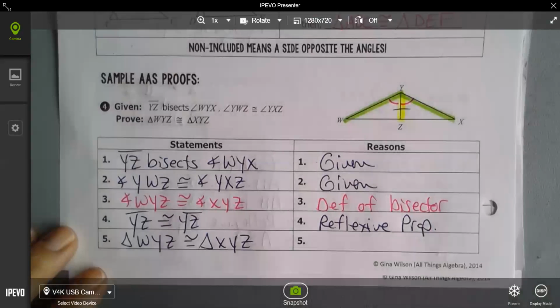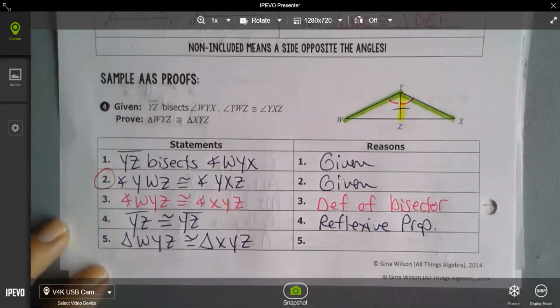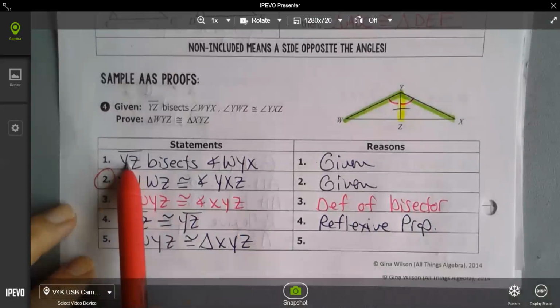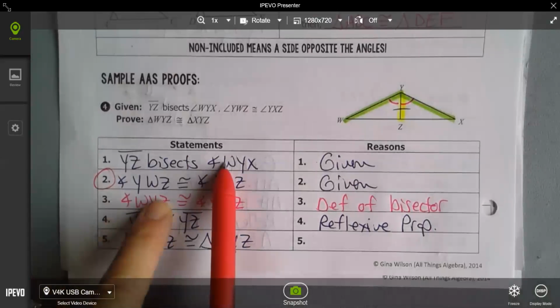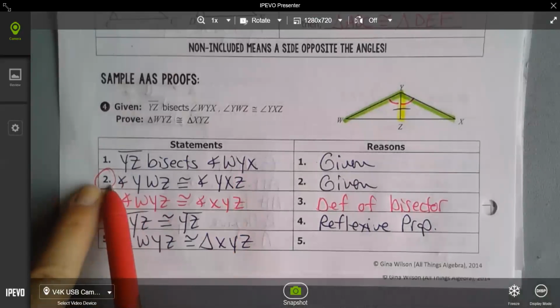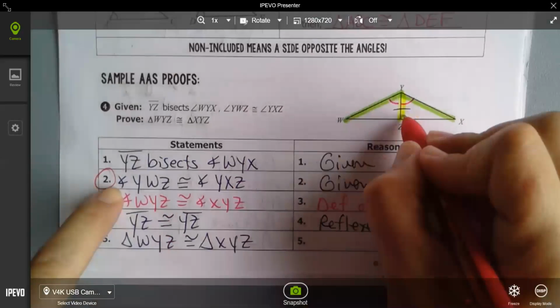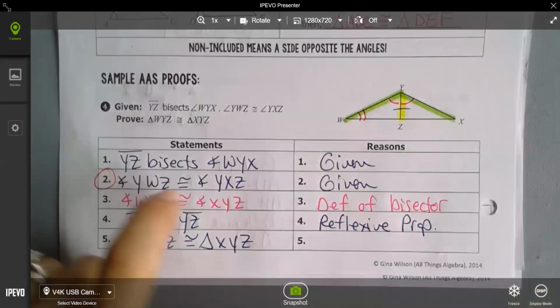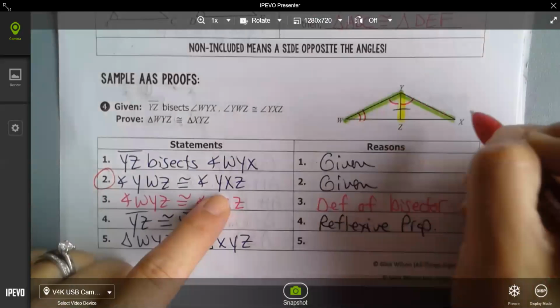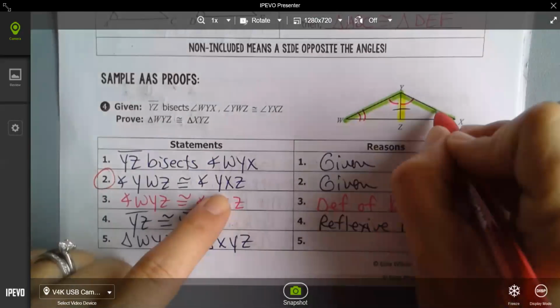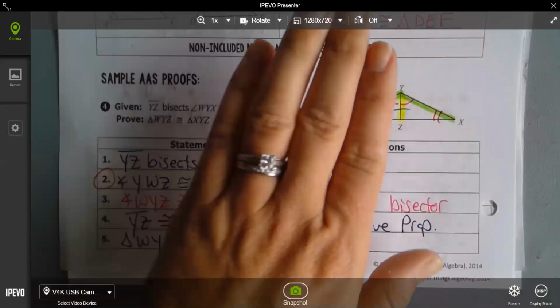Well, didn't I forget to label that one on my diagram? I sure did. I did the bisects, and that brought me down here. And then I saw the reflexive, and I got excited, but I totally skipped marking this one. So let's mark this one. We've got angle YWZ, so that one, congruent to YXZ, that's that one.